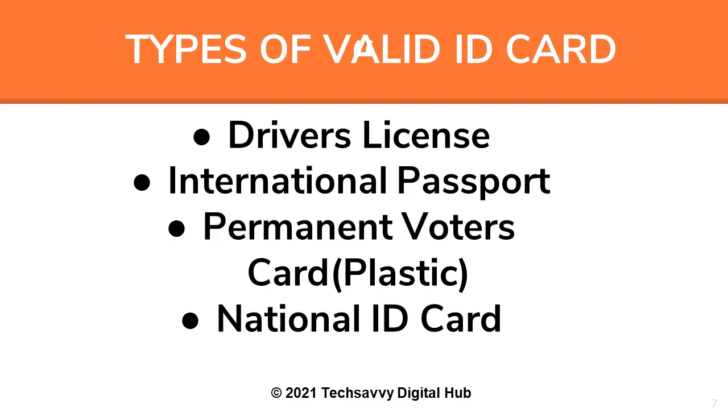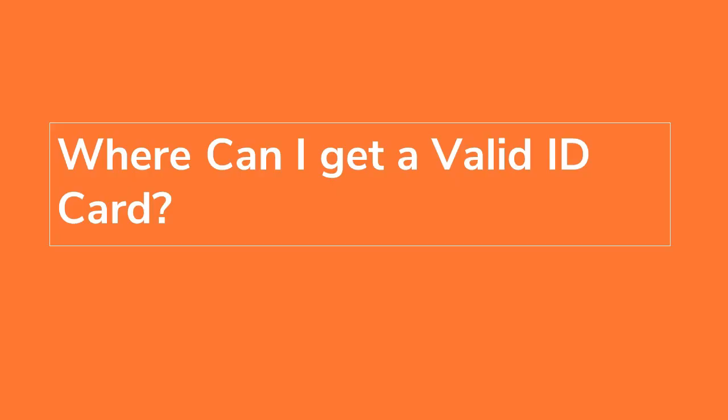So now, where can you get a valid ID card? I'm going to drop links for some of you so you can proceed to do your registration online and probably get your ID card. For those of you who have already gotten your temporary permanent voter's card, you can go online with a link, or you can simply type CVRO voters card online, and you'll get a link that will help you continue the procedure.